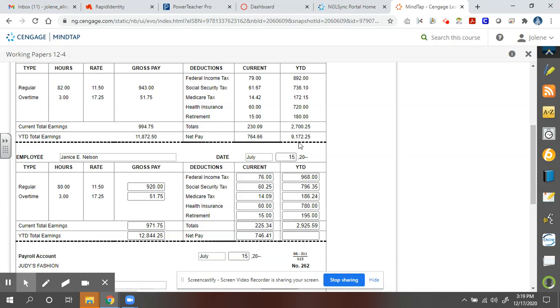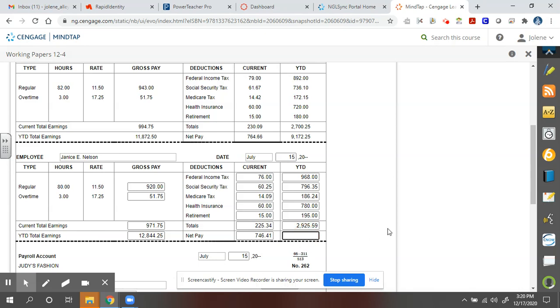Her net pay year to date, this is how much she had taken home as of the end of June, $9,172.25. And we have to add that to her take home for this check, $746.41.